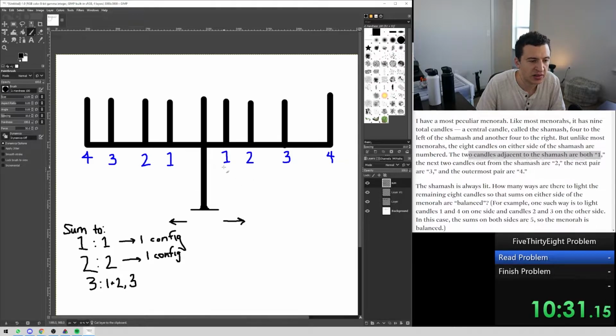And the right side could use 2 and 1, or the right side could use 3. And so because there are 2 ways to get to 3, it means that there are 2 times 2, or 4 configurations.